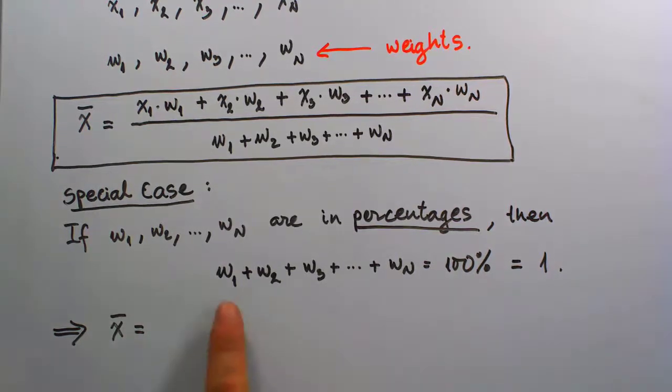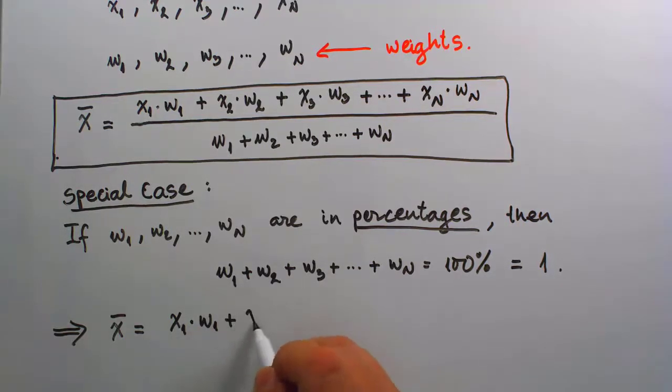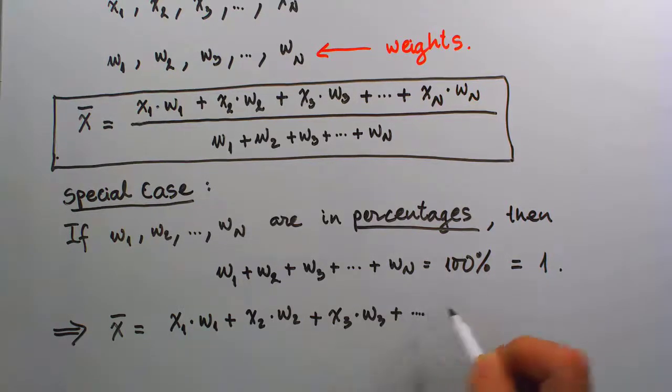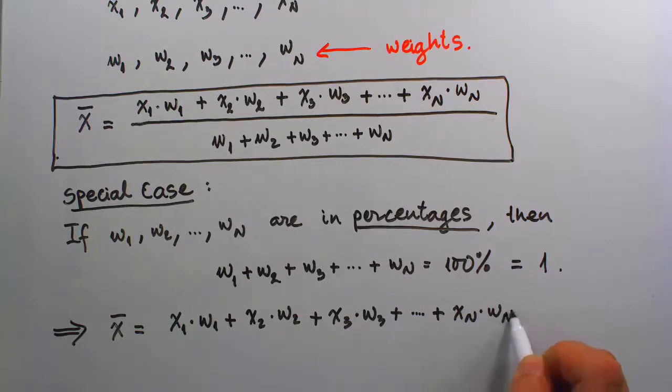So when our weights are in percentages, the weighted mean formula has the special form x1 times W1 plus x2 times W2 plus x3 times W3 plus so on to xn Wn.